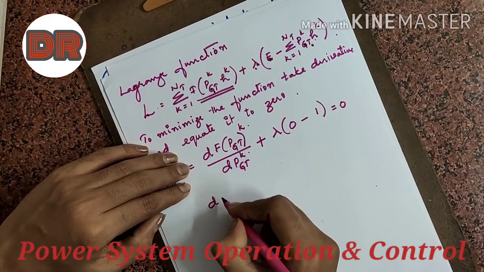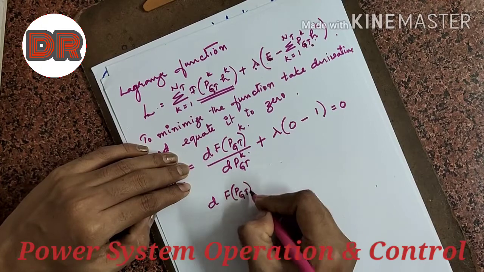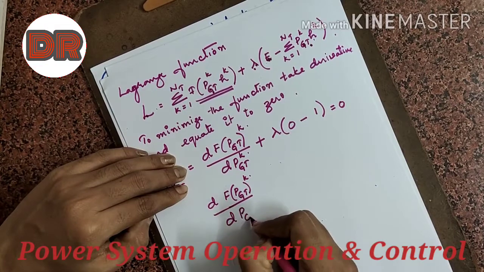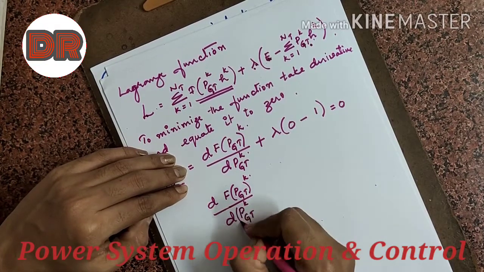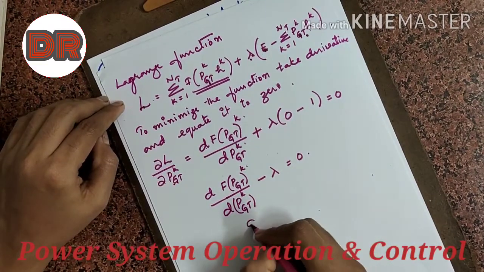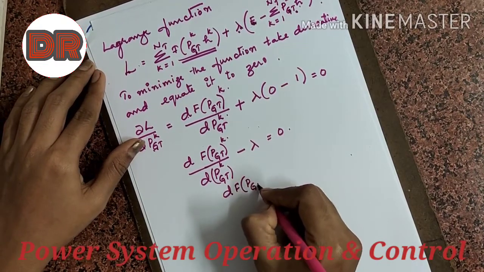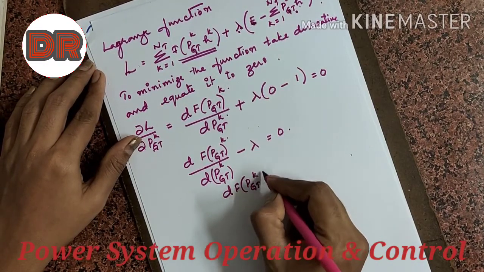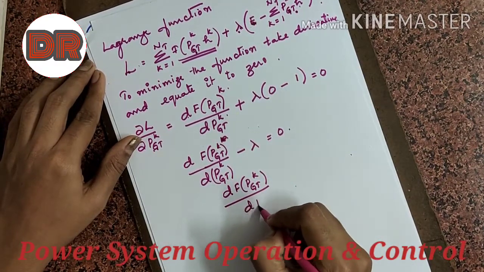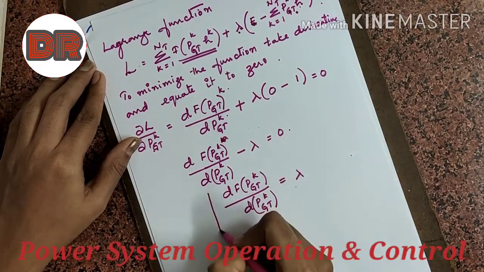So what we have is the differentiation of the cost function, where the cost function is made up of thermal power, with respect to Pgtk, minus lambda is equal to 0. Or I can write the differentiation of f of Pgtk, where k is not power, this is the time interval, dPgtk, is equal to lambda.